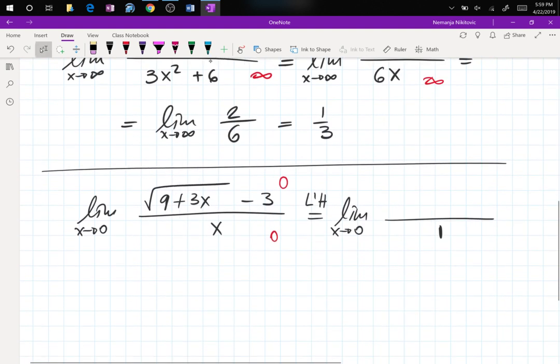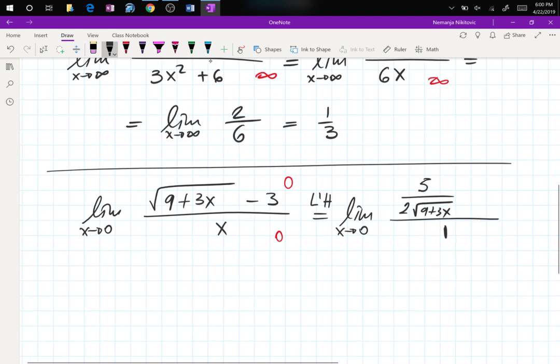So now I have to take the derivative of the square root. The derivative of minus 3 is just 0, so that's gone. We know it's 1 divided by 2 times the same square root, and then times the derivative of the argument on top. So there it is. And now you try to plug in 0 and see what happens.